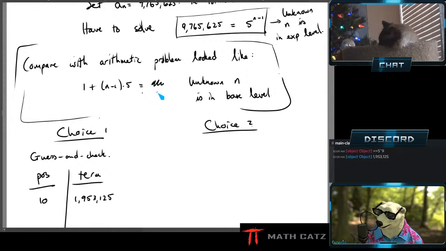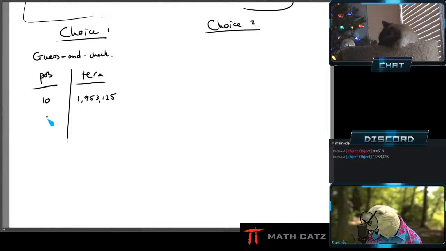This is close. I think it's just the next one. So let's try position 11. Put it in MathBot. Remember, it's 5 to the power of n minus 1, position minus 1. So it's 5 to the power of 10. I don't know what my powers of 5 are that high, but we see this is exactly the right one.